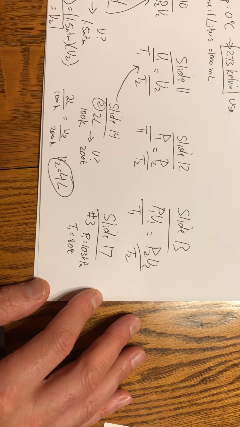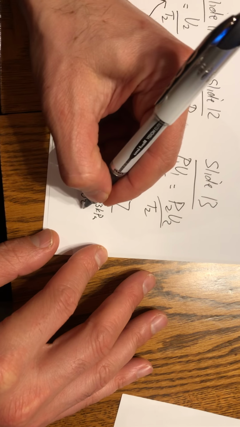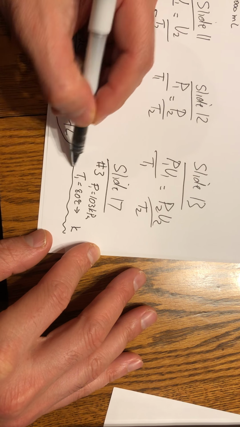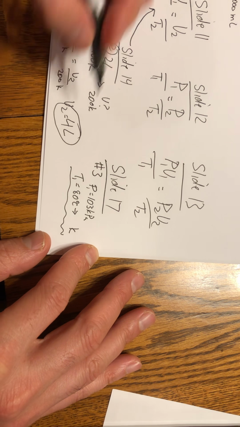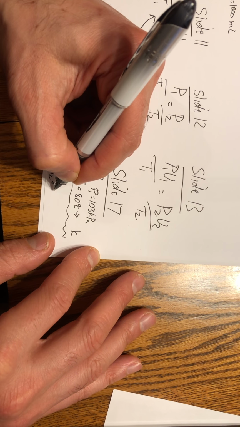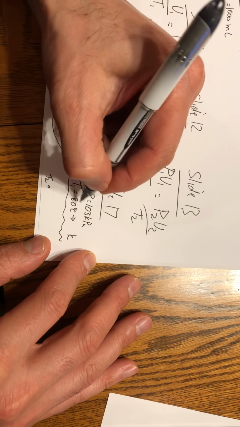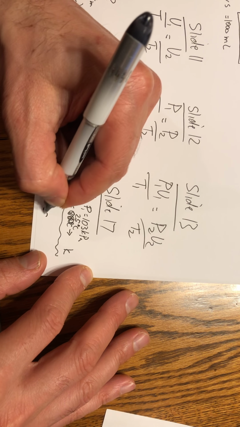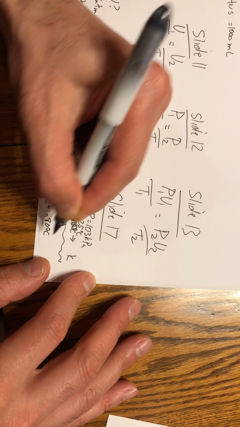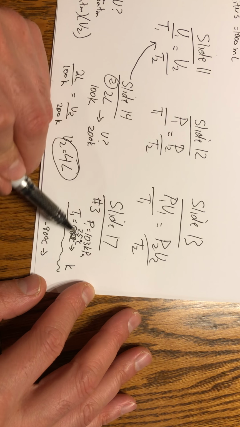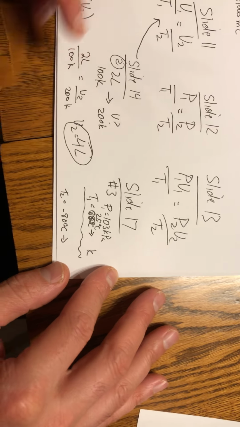Now, to do this problem, we're going to have to move that into Kelvin. And then if you keep reading, the can is placed into a freezer, so the new temperature is, I looked at that wrong. This is 25 Celsius, and then it's negative 80 Celsius. But the point is that we're going to need to move these into Kelvin in order to solve it before we plug it in.